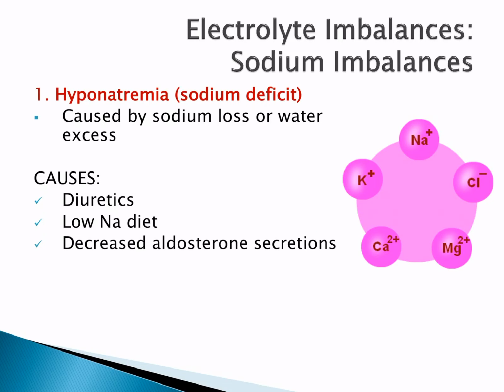Decreased aldosterone secretion. As what I have mentioned, aldosterone promotes sodium absorption and excretes potassium. So if you have decreased aldosterone, your sodium will not be absorbed. That would cause hyponatremia.